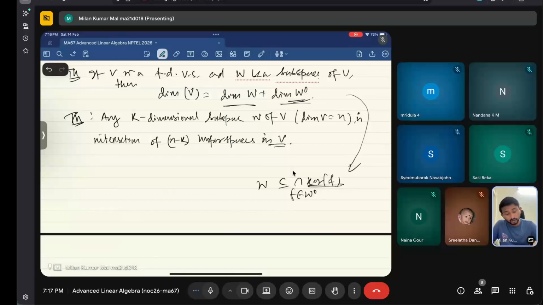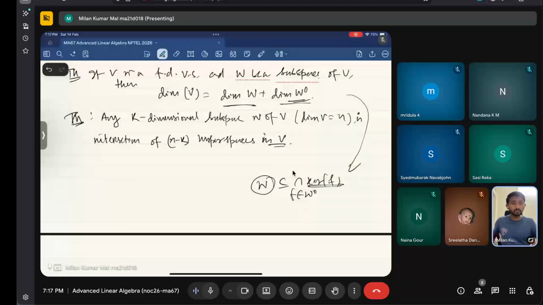So W is sitting inside the intersection of n minus k hyperspaces. That's clear. But this does not ensure that W is exactly equal to it; you can give an argument, and the argument is very much in front of us: if W is not exactly equal, we can reach a contradiction.